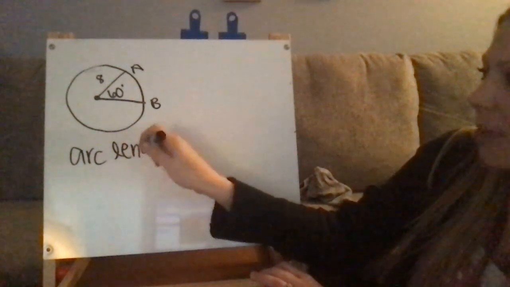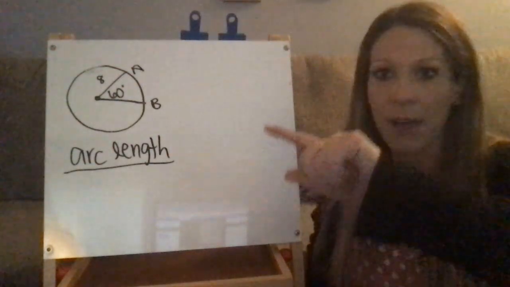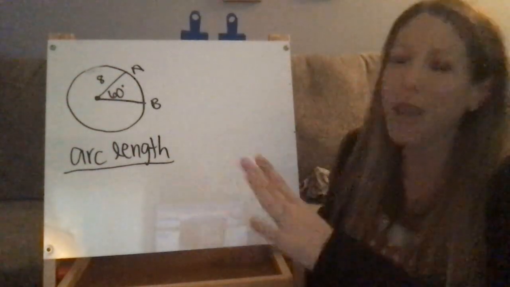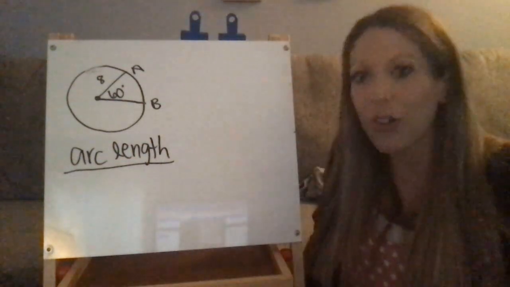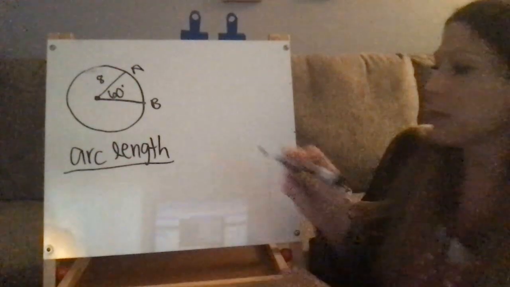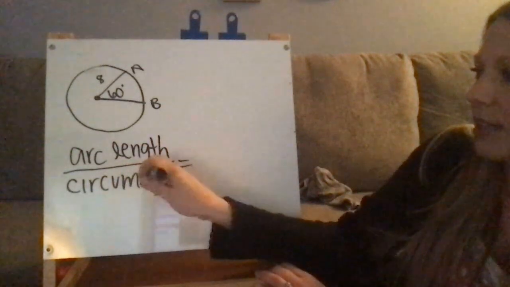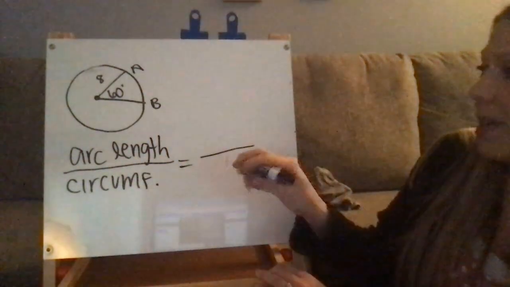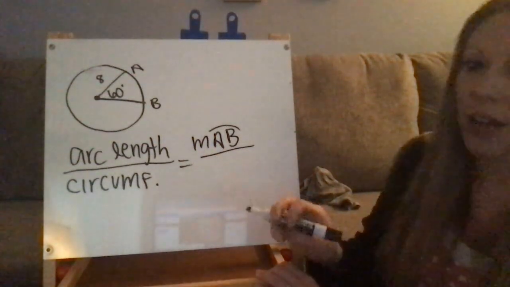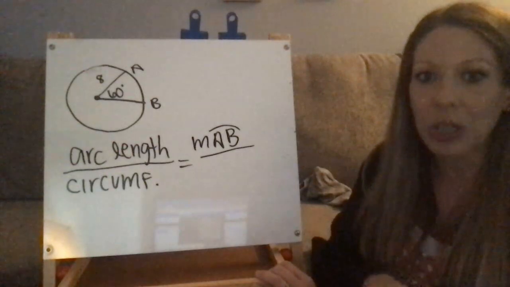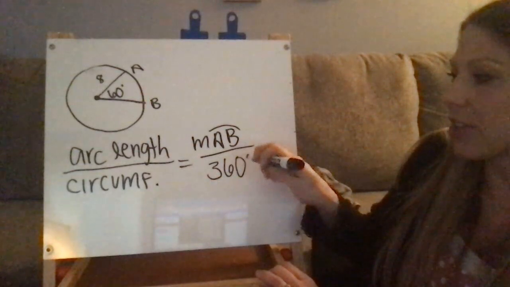So the length from A to B is proportional to the, so the ratio, I should say, of the arc length to the circumference, so circumference is all the way around, is proportional, I'm going to go ahead and write circumference, to the ratio of the measure of AB to the measure of the whole circle. And we know the measure of a whole circle is 360 degrees. So that will always say 360 degrees.